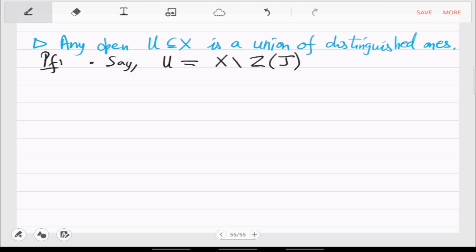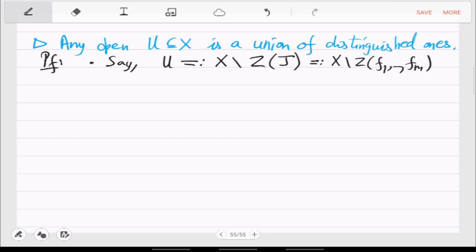So U defines a J such that this happens, and you also know that any ideal J has finitely many generators. So we write it as f1 dot dot fm. So any open set is basically just a complement of the zero set of some roots of polynomial system.